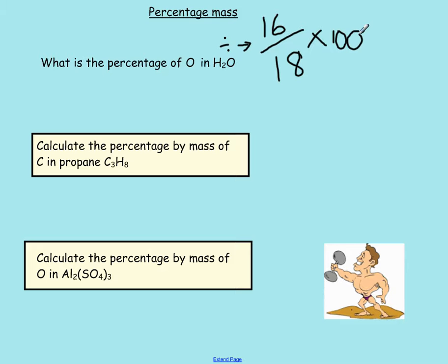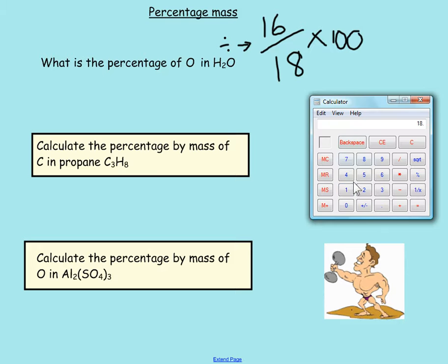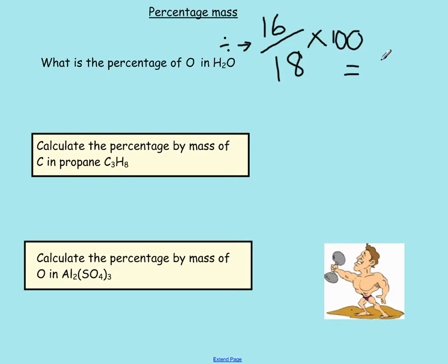So if I shove that in a calculator, that is 16 divided by 18 equals, times 100 equals, and then we'll round it to 88.9. 88.9%. Okay, that's the answer. It's as simple as that.